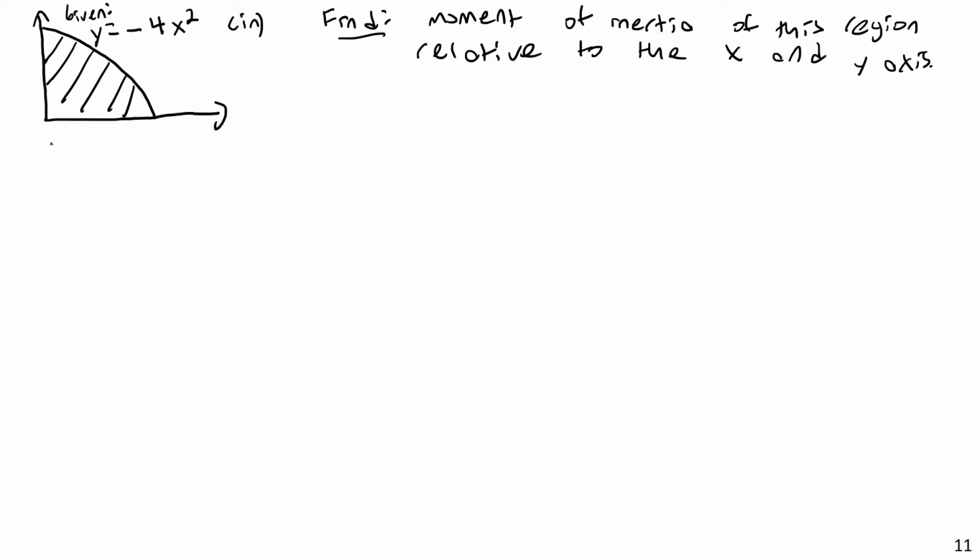So let's go ahead and do that. The first thing I'll need to do is find my bounds. Since I am going to try to do both of these in terms of dx, that's going to make things a lot easier. Now this point here, if I just set y equals negative 4x squared equal to 0, that's not going to work at all.